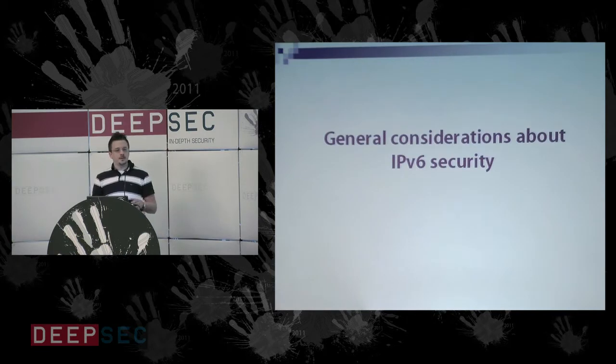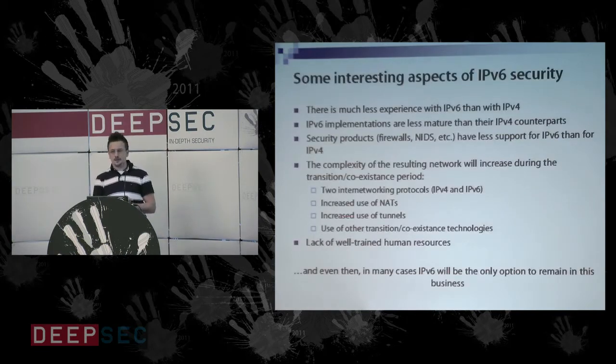So first of all, before actually getting into the technical stuff, it's interesting to actually analyze the context in which we are working on V6 security. Usually when you are given some kind of technology to analyze its security properties, you basically focus just on the technical aspects. But when it comes to the effective security that you get with that technology, there are usually other factors that come into play.